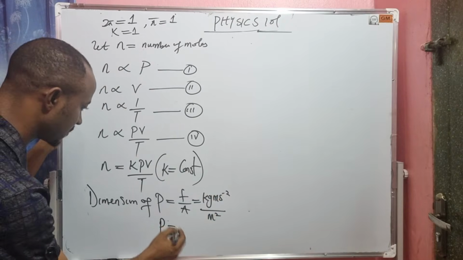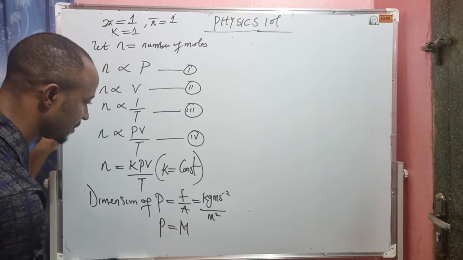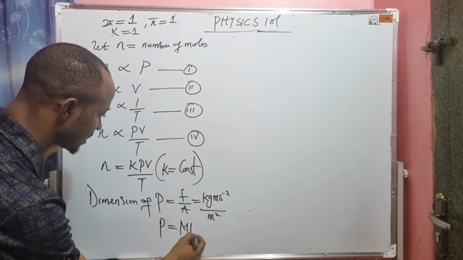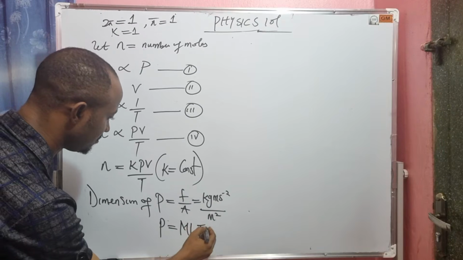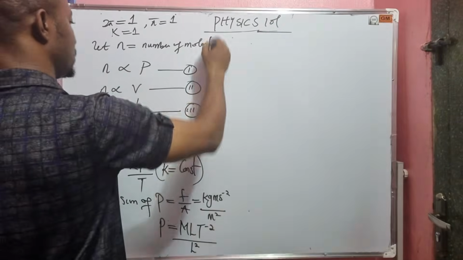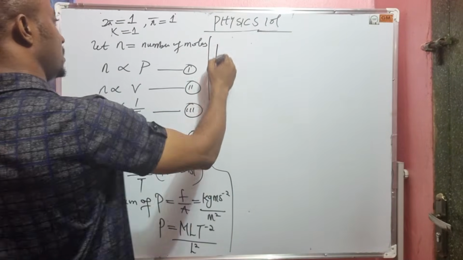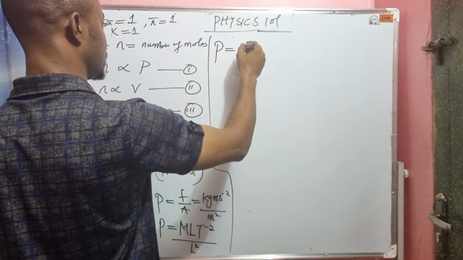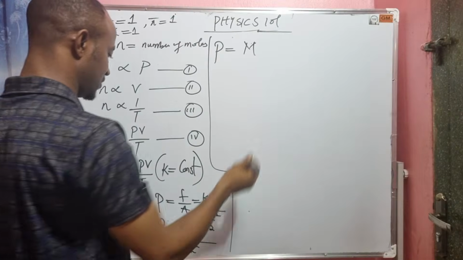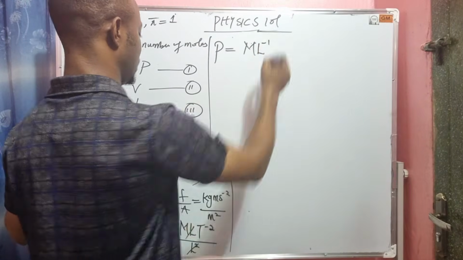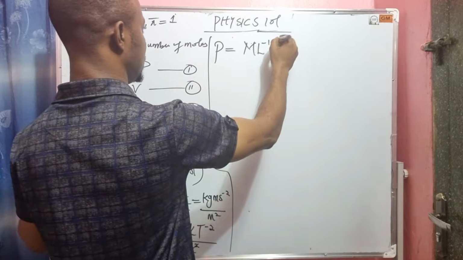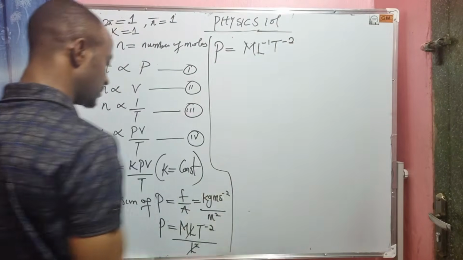So pressure becomes: kilogram is capital letter M, meter is capital letter L, then we have T minus 2, divided by L squared. So pressure becomes capital letter M, we cancel one L from here, and we are left with L minus 1. Because if I have 1 L here, when this comes up, it becomes a minus 1. Then T minus 2.